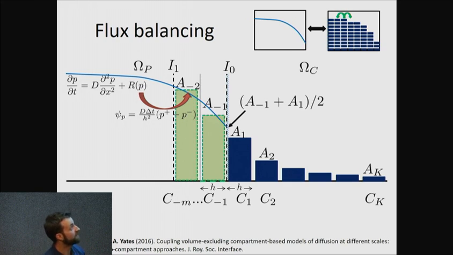And so by coupling both the actual value of the PDE and the flux of the PDE to the actual value of the compartment and the flux in the compartment, I ensure that these two models stay in sync. Basically, they maintain the right profile. And again, I don't have time to show examples for this one, but you can read a bit more about it in this paper in Journal of the Royal Society Interface, which came out a couple of months ago.